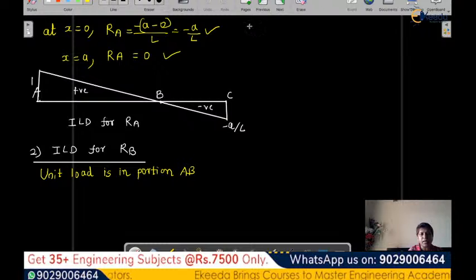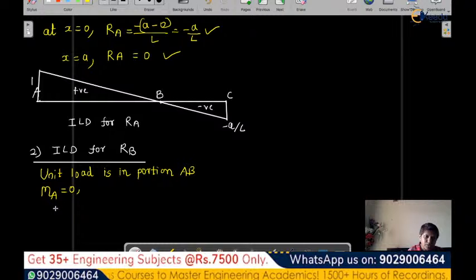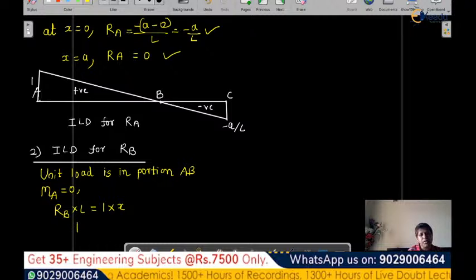We consider clockwise as positive, anti-clockwise as negative. With that sign convention, moment about A is equal to 0. So RB into L is equal to 1 into X, so RB will be equal to X by L. Once we get this equation, we have to put the limits.